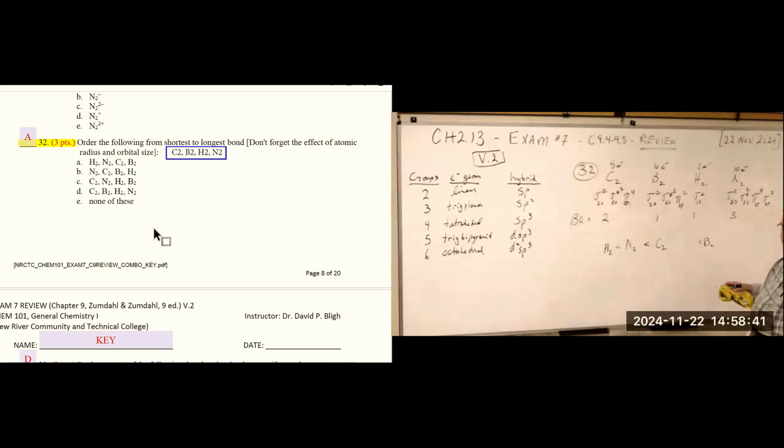Even though it's only a single bond, those nuclei are very close together because we're overlapping 1s's, sigma 1s's, rather than 2's. And then the boron will come here. I think that's hydrogen, nitrogen, carbon, boron. That's why I put that hint in there: atomic radius and orbital size.